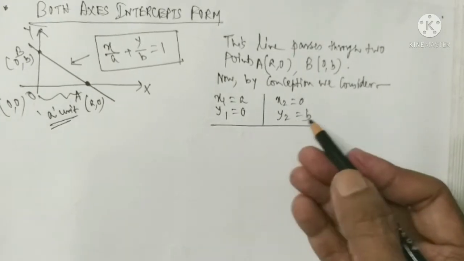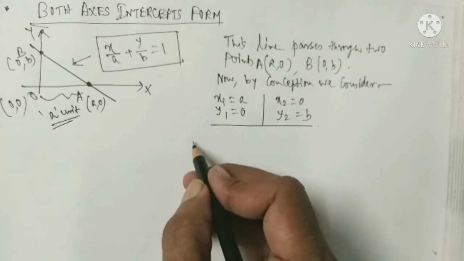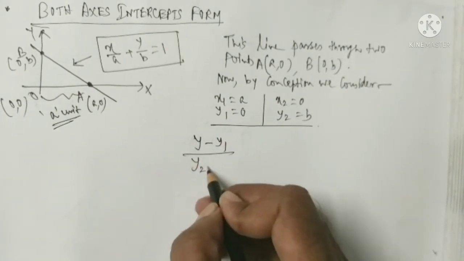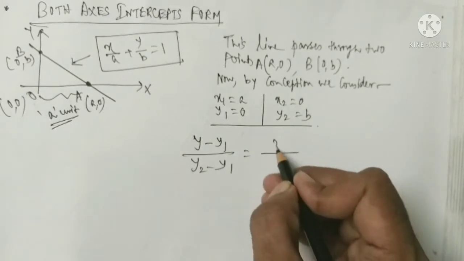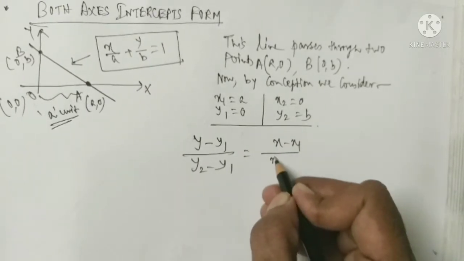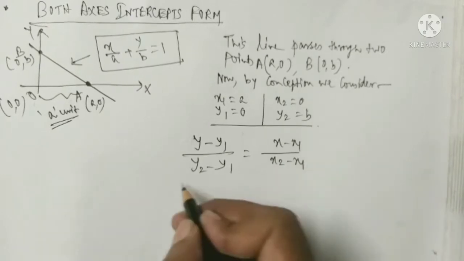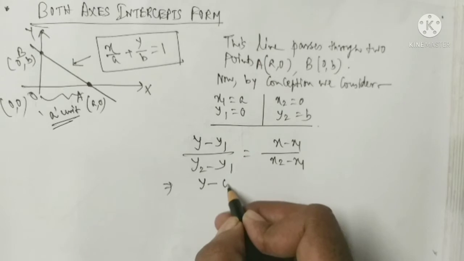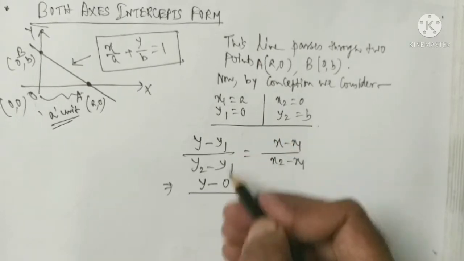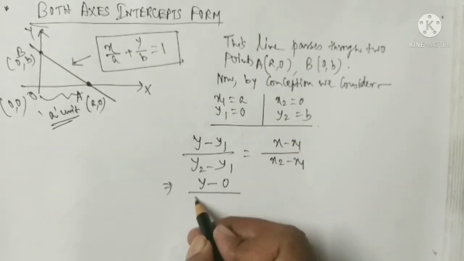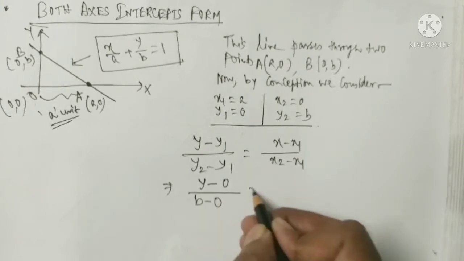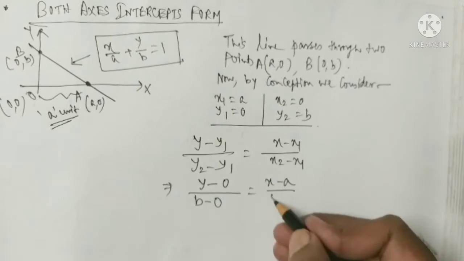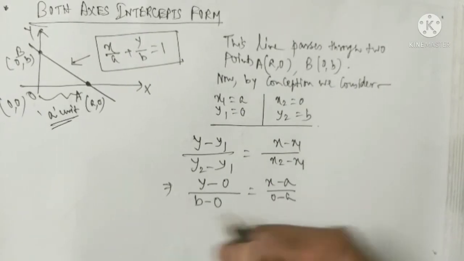With the help of these two points, we will use this form: (y - y1)/(y2 - y1) = (x - x1)/(x2 - x1). That is, we get y minus y1, y minus 0, since y1 is 0, and y2 minus y1 is b. On the other side, x minus x1 and x2 minus x1.